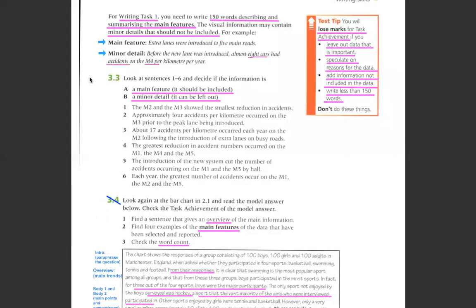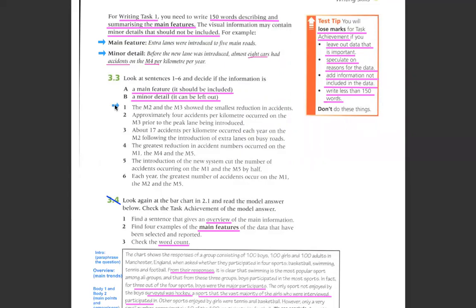So let's have a look at a few of these, and I want you to decide whether they are A, a main feature that should be included, or B, a minor detail that can be left out. So just type A or B in the chat box. Okay, we won't do all of them, we'll just do a few.